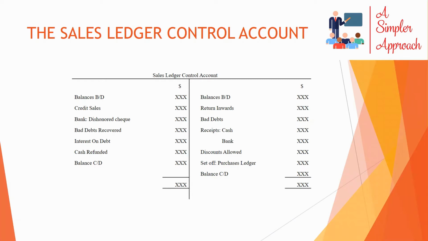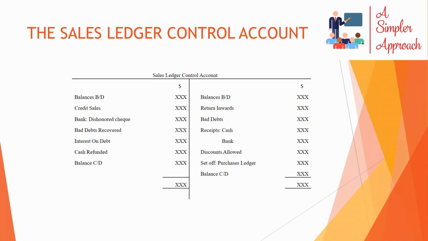What do I mean? In whichever way it affects the debtor, that is how you think about it. That is how you look at it when you are dealing with the sales ledger control account.